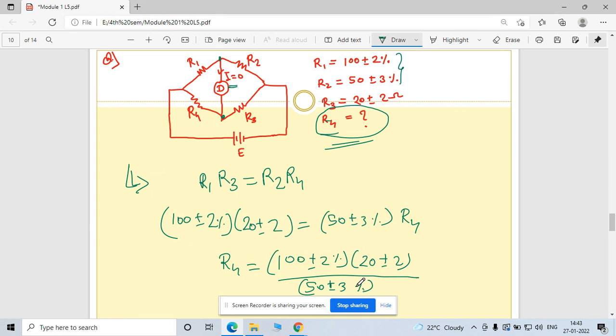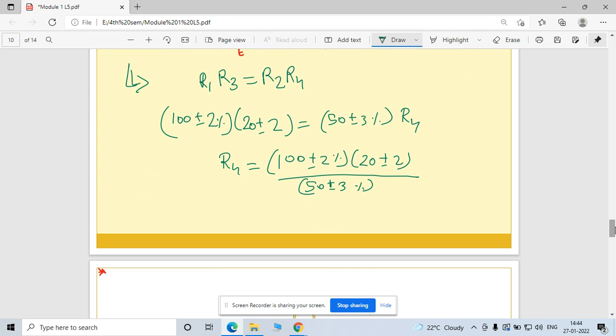Solve it. If I leave out the error part, find out this, okay, I am just solving it. 100 into 20 divided by 50, so 40, plus minus your error part.